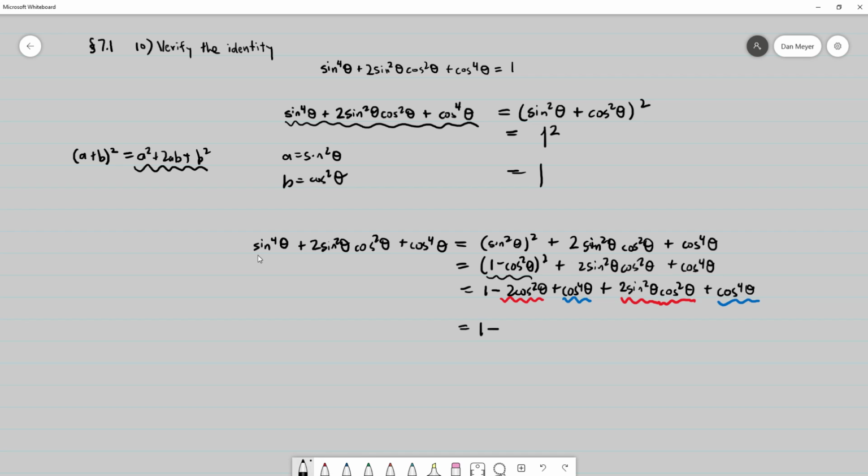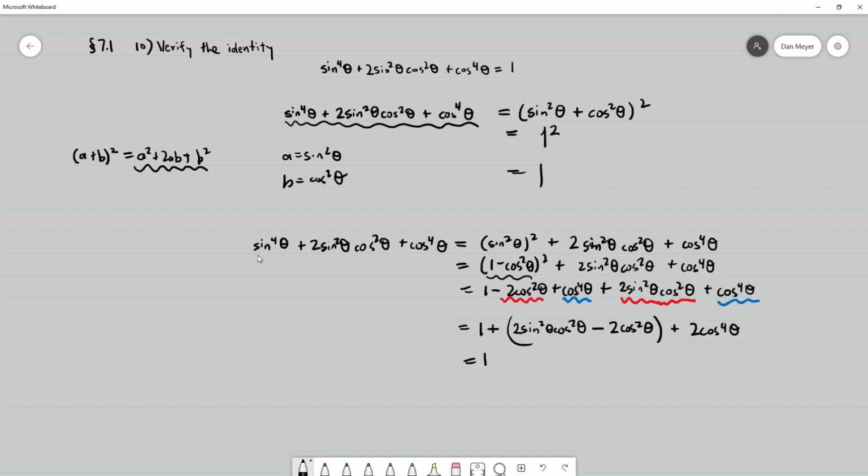So the cosine squared terms, I'm just going to go ahead and do this: 1 plus 2 sine squared theta cosine squared theta minus 2 cosine squared theta. And that way I can put those in parentheses and group them together. And then I've got 2 cosine to the 4th thetas.